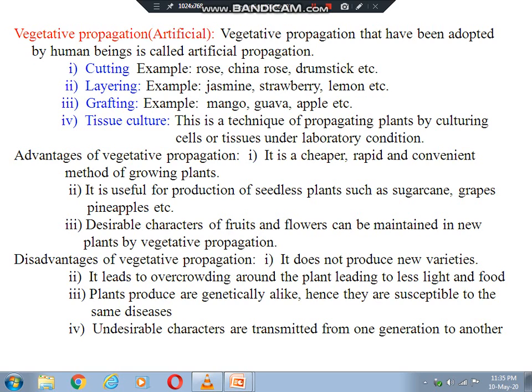And this is the propagation of plants involving cell and tissue culture. That is why it is called tissue culture technique or micropropagation. Another name of tissue culture is micropropagation. The portion of plants which is collected from any parts of plant is called explant.